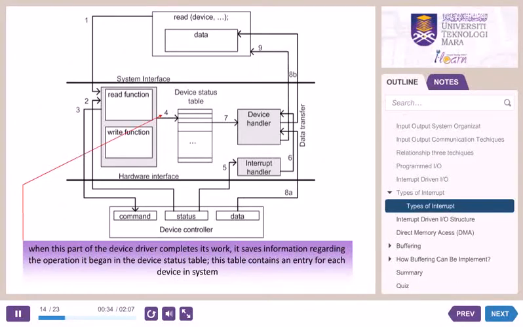When this part of the device driver completes its work, it saves information regarding the operation it began in the device status table. This table contains an entry for each device in the system. The information written into this table contains the return address of the original call and any special parameters for the I/O operation. The CPU, after doing this, can be used by another program, so the device manager invokes the scheduler part of the process manager. It then terminates.